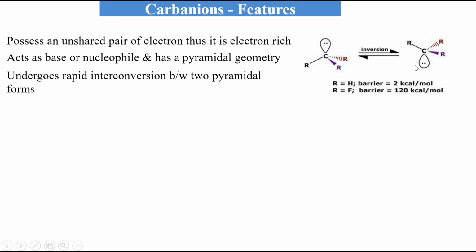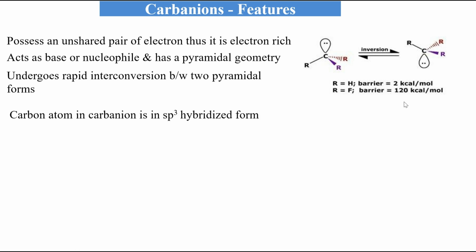The energy difference of the two structures is 2 kilocalories when R is equal to hydrogen. If it is an electron withdrawing group like fluoride, the energy barrier is around 120 kilocalories per mole. Carbanion is in sp3 hybrid form.